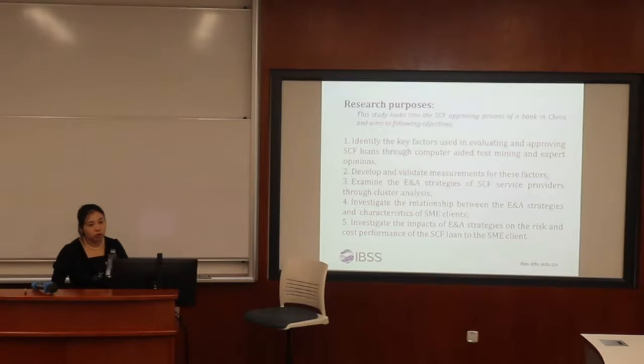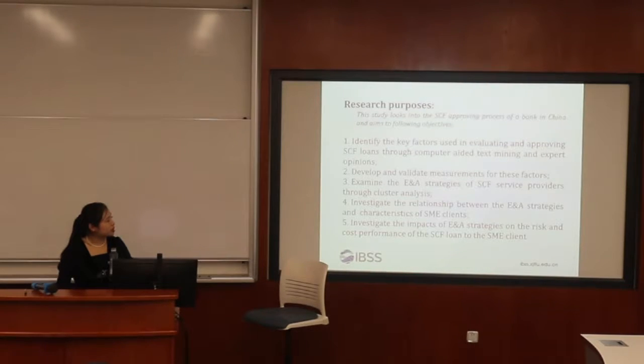In this research project, we try to list some primary research objectives we want to achieve. First of all, we want to identify the key factors used in evaluating and approving supply chain finance loans through computer-aided text mining and expert opinions. Then we try to develop and validate measurements for these factors.